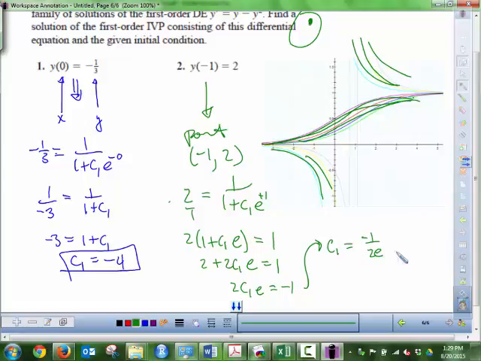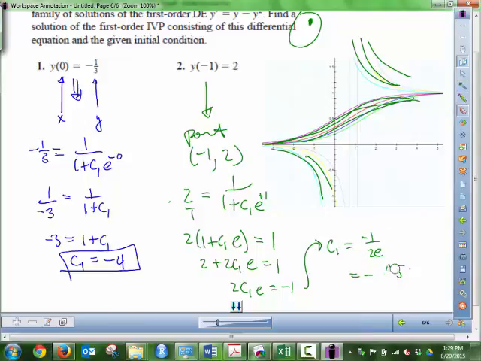Anybody punch that in the calculator and tell me what you got? Negative 0.184. So a small value.